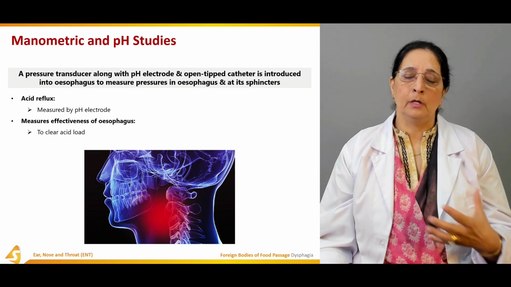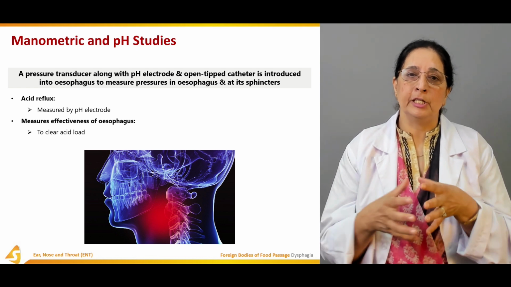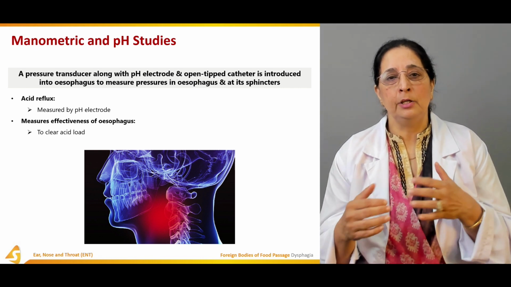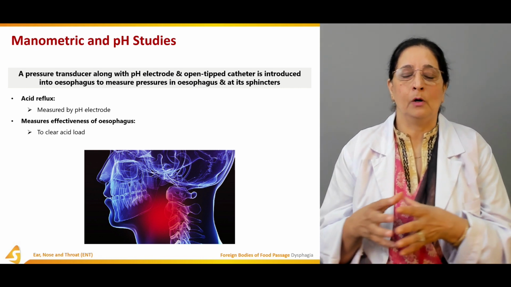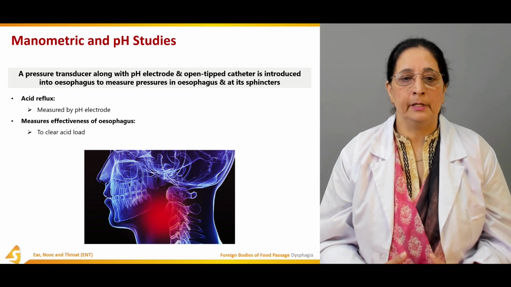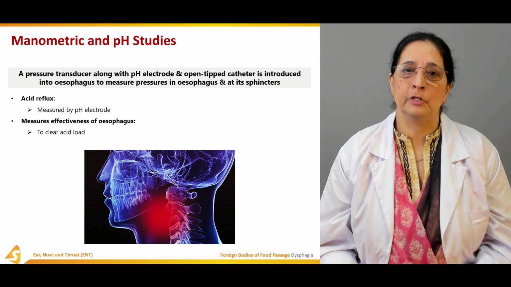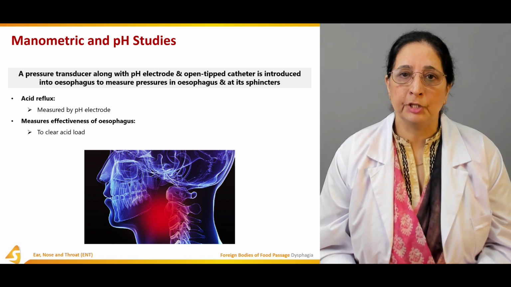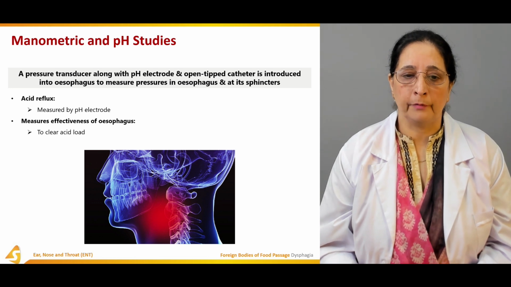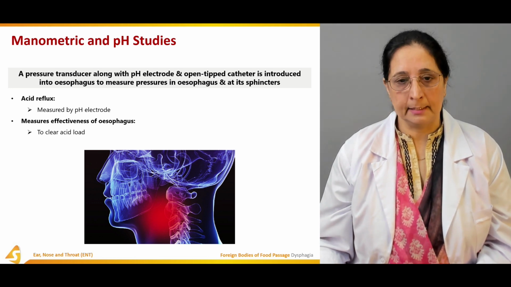So we should also measure the pH. pH is the level of hydrogen ion that determines neutral, acidic or alkaline, and it tells us if there is acid reflux.